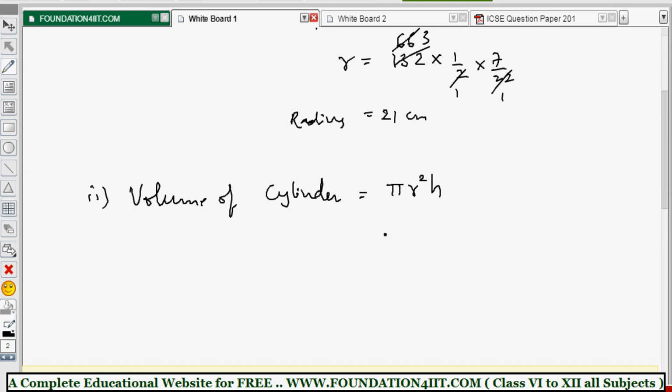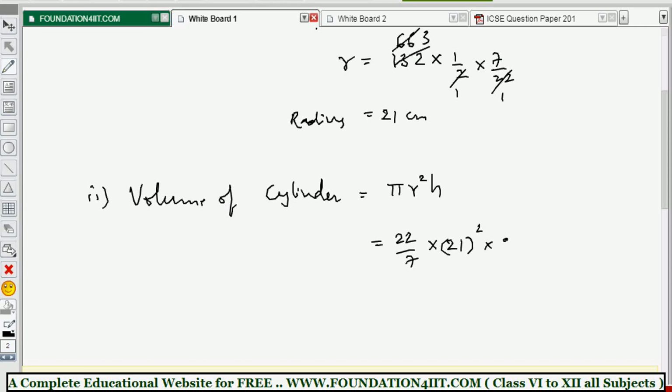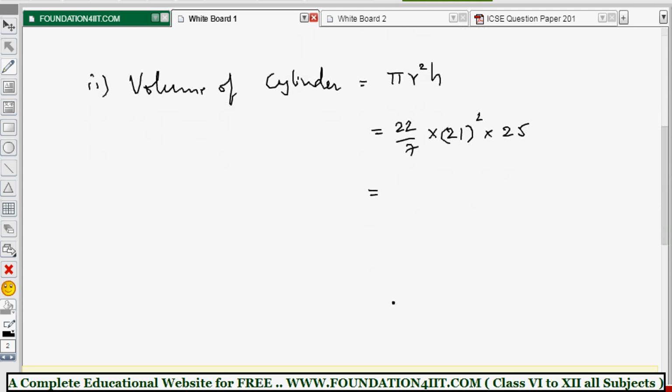It is a direct formula. So pi value is 22 by 7, radius is 21 square, into h. Height is given as 25 centimeters. All the units must be the same, that you need to see. You can simplify this: 22 by 7 into 21 into 21 into 25.